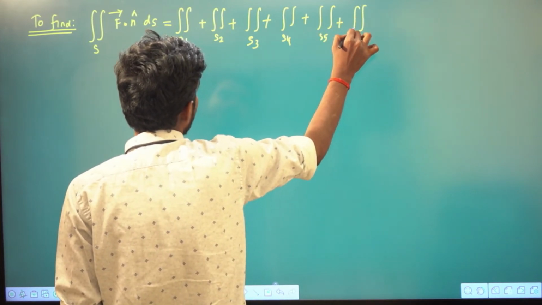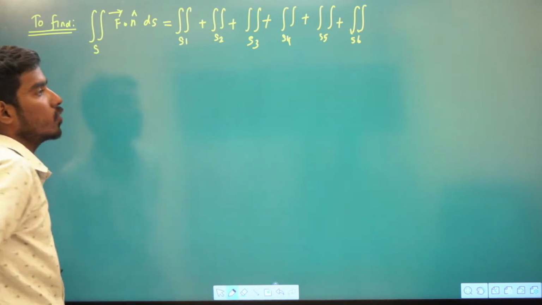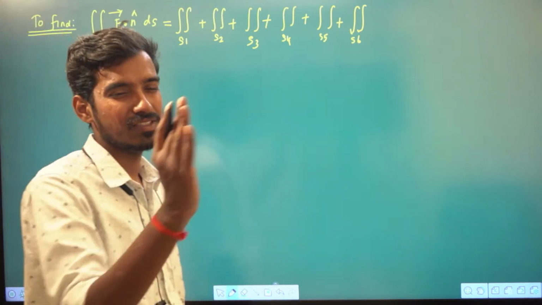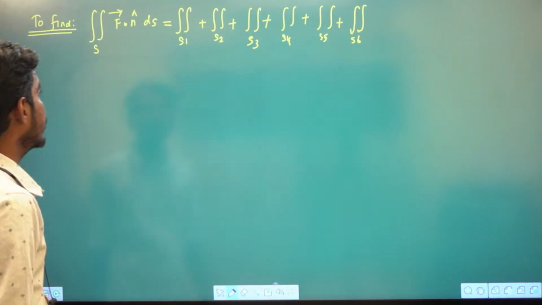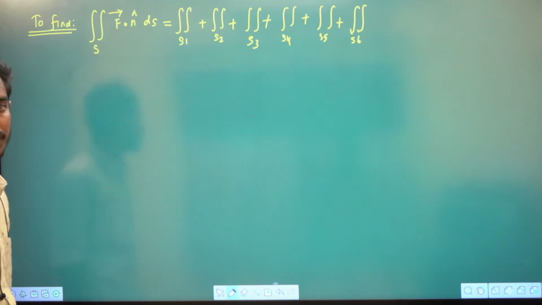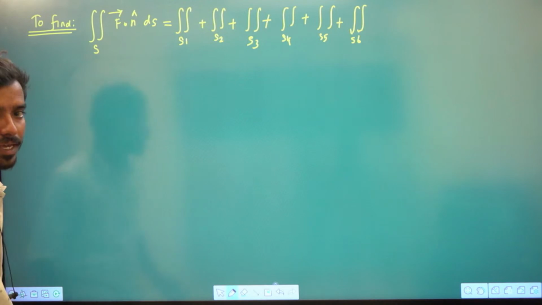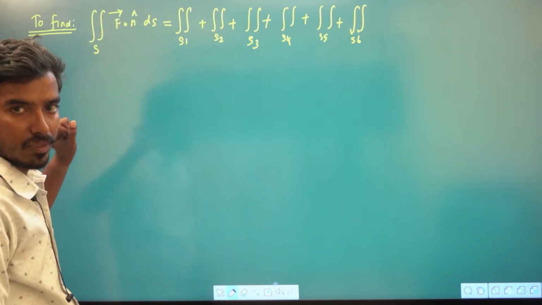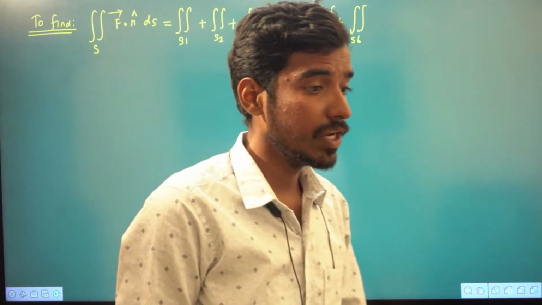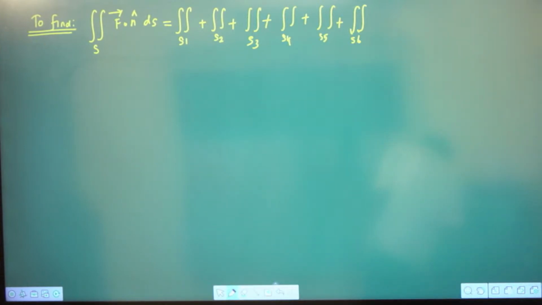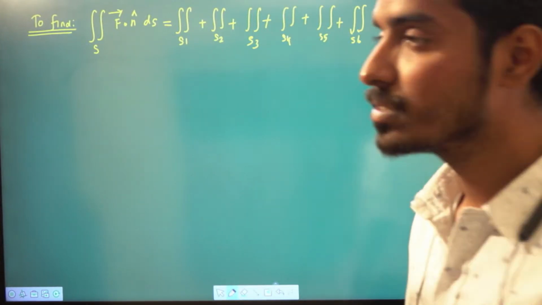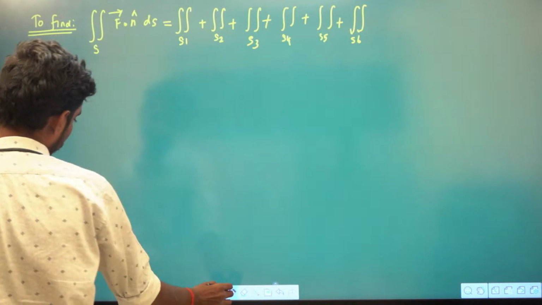So for a parallelepiped or cuboid, you will have 6 faces. You need to find the double integral for each of the surfaces. For each surface, n cap will vary, dS will vary, and we need to apply the corresponding limits. It's a very very important point here.